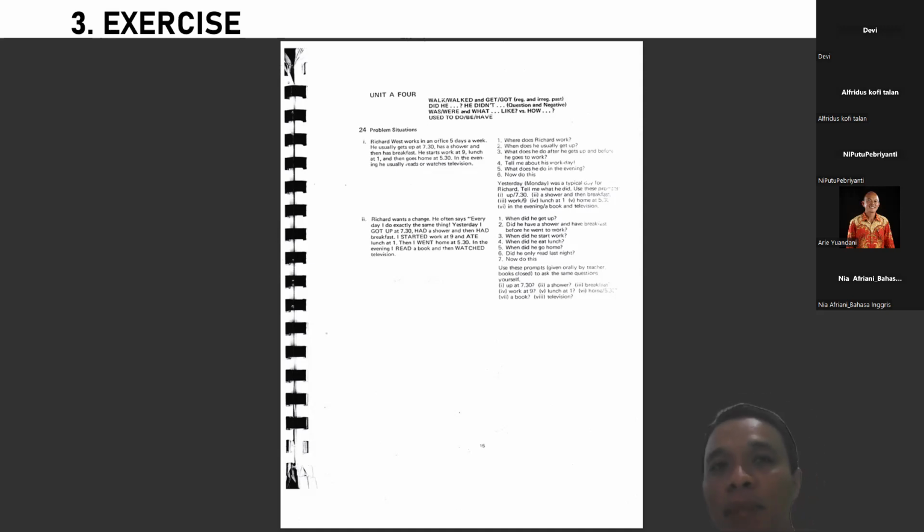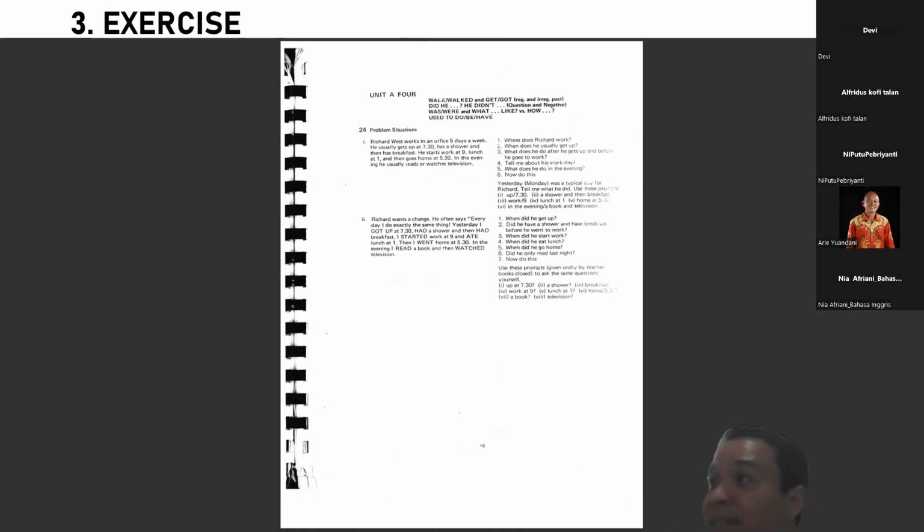So please be focused when you want to change the pattern of verbs in simple present tense into simple past tense. Here, I'd like to make you understand about irregular verbs, especially in simple past tense. Previously, you learned about the situation and questions in simple present tense.